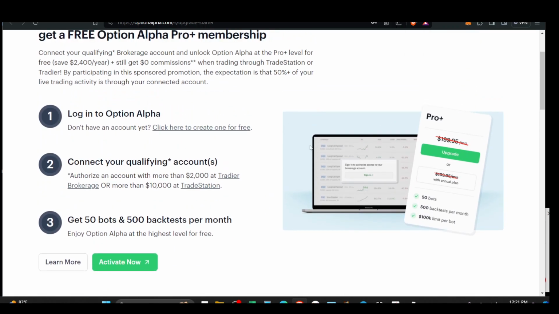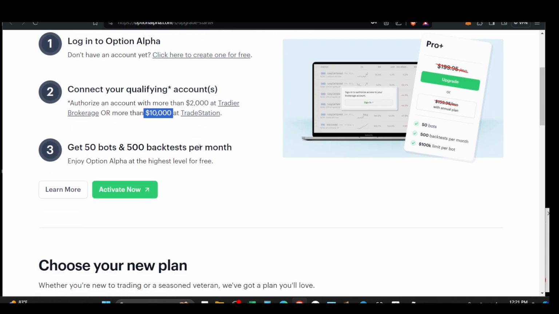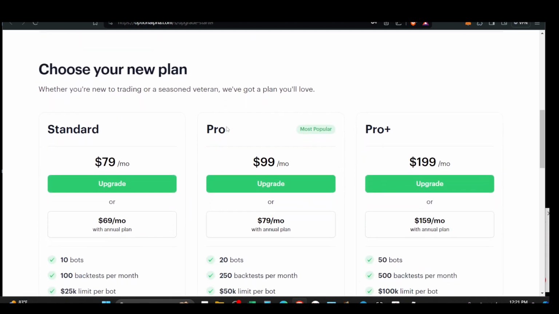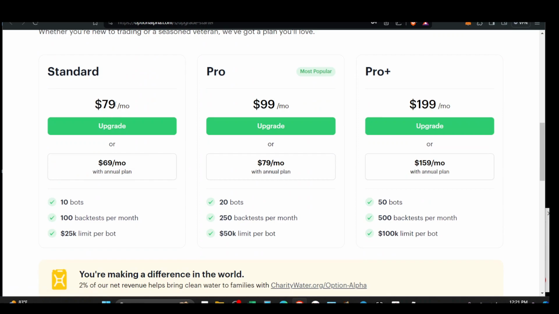For this, if you have a Tradier brokerage, then you need to fund with real money 2,000. For TradeStation, the minimum amount is 10,000. I have TradeStation, but I only put in 6,000. So I'm taking this plan, the first one, until I make more money, until it's more than 10,000.